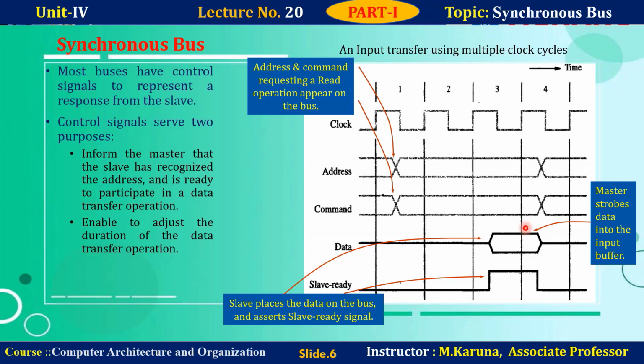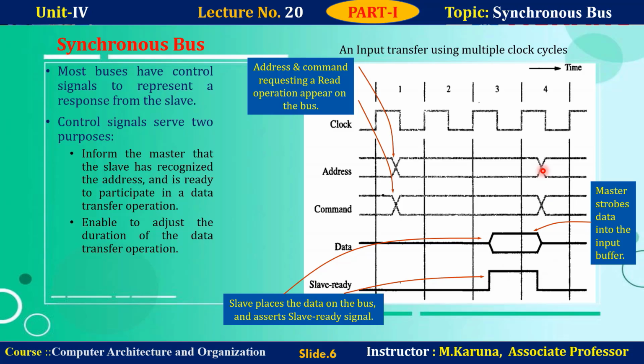At the end of this third cycle, the master stores the data into the input buffer, meaning the master collects the data from the data bus. Here the slave places the data on the data bus and asserts the slave ready signal. Now the bus transfer operation is complete.